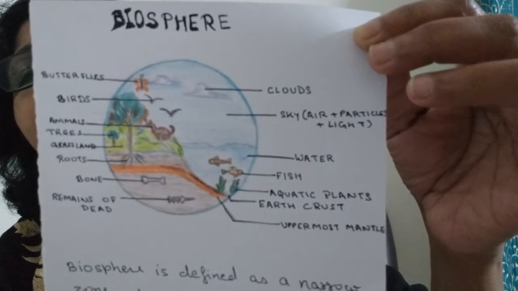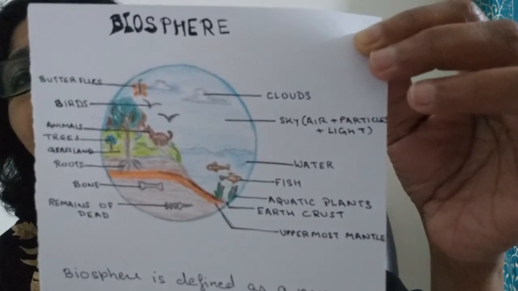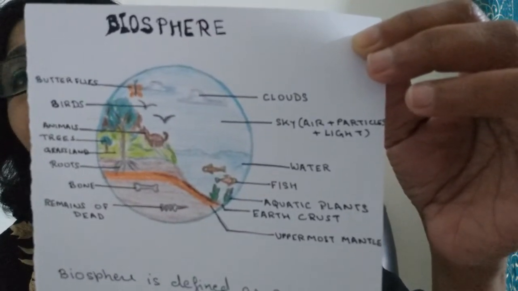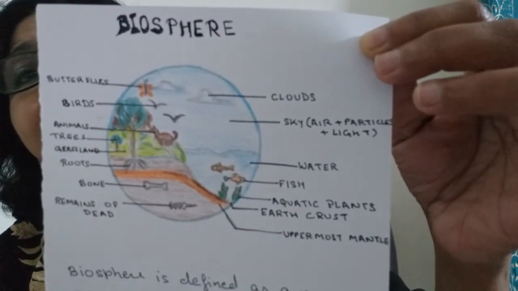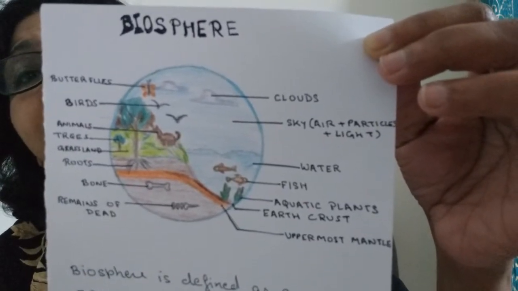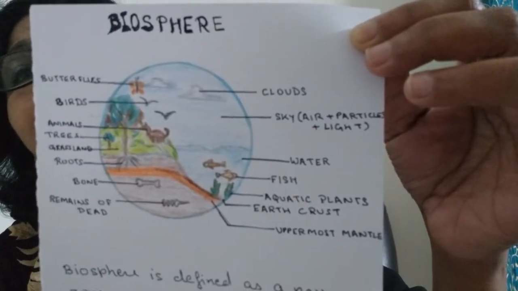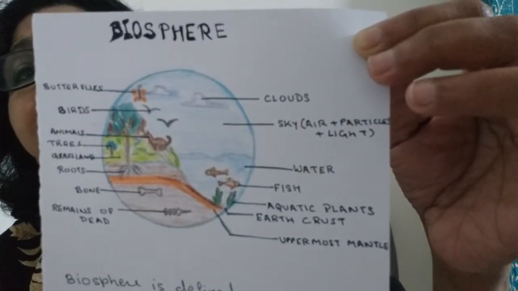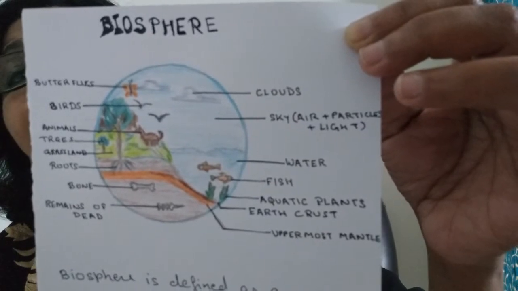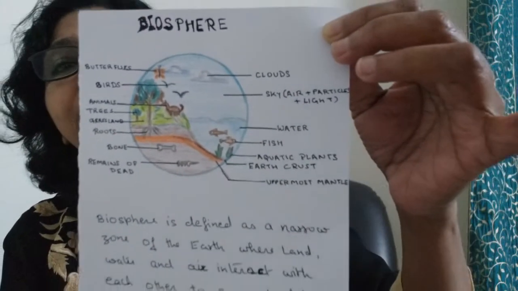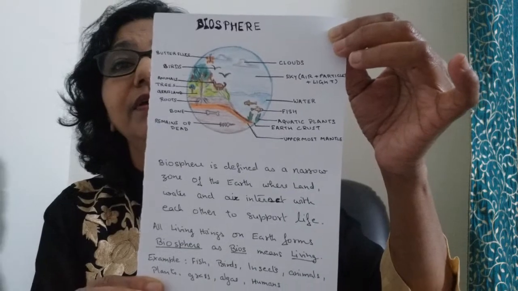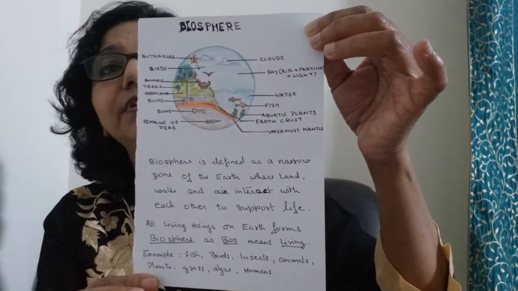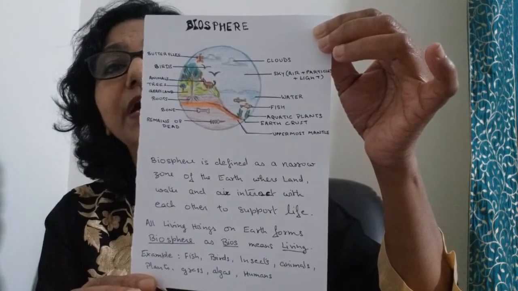So whatever living forms are there, whether they are microorganisms or macroorganisms, whether they are algae or single-celled animals or parasites or decomposers, they all constitute the biosphere, including the plants, trees, animals, birds, insects, and we, the human beings. So, we are the ones who are facilitated by the natural resources in the form of environment.